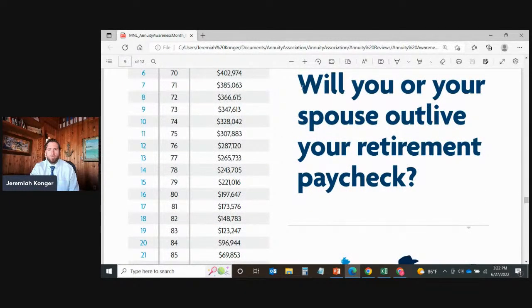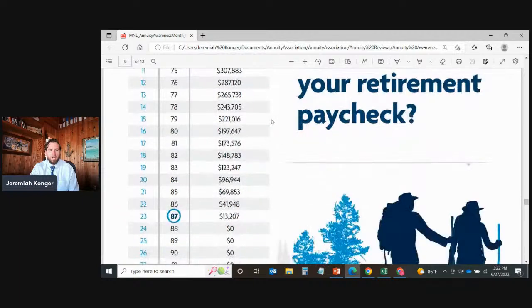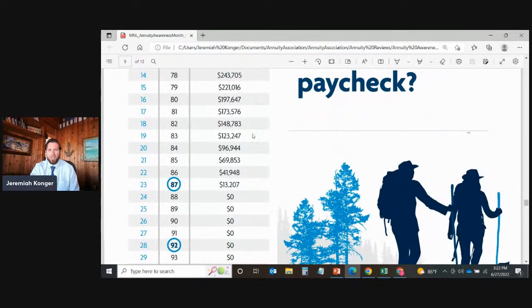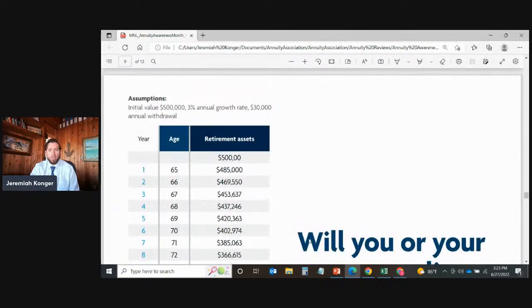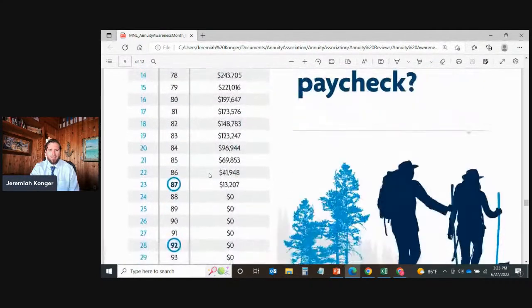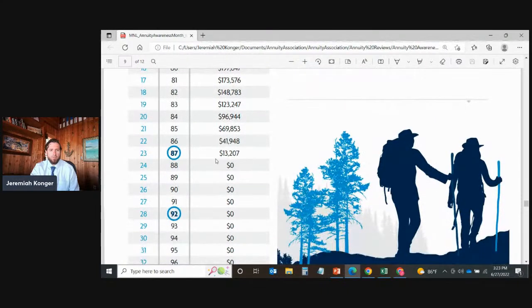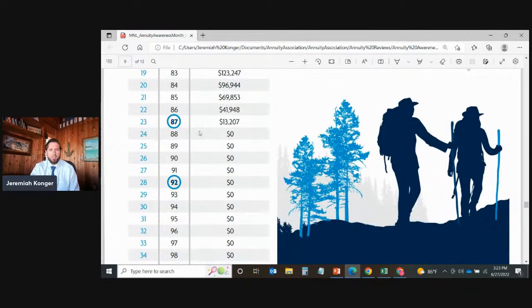And the question becomes, will you or your spouse outlive your retirement paycheck? And just at a 3% conservative growth rate, providing a $30,000 income withdrawal, obviously that growth rate in that conservative vehicle is not sufficient to provide enough return to keep up with the withdrawals that are coming out. And this account does deplete by the end of year 23.